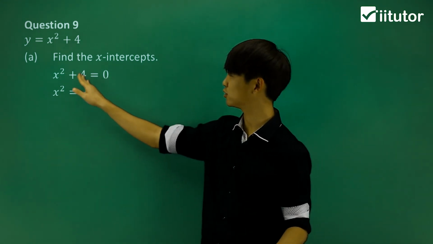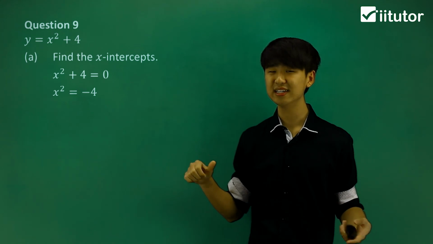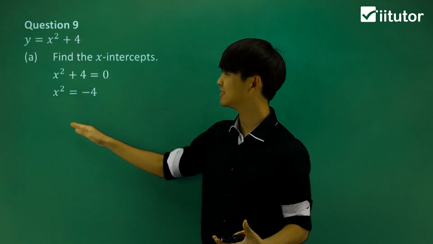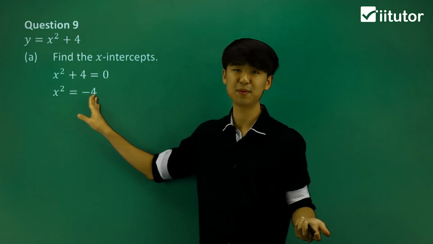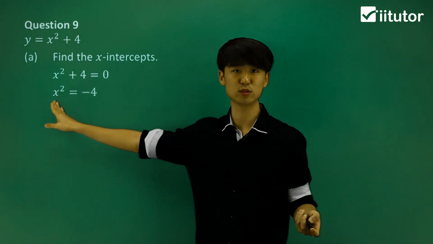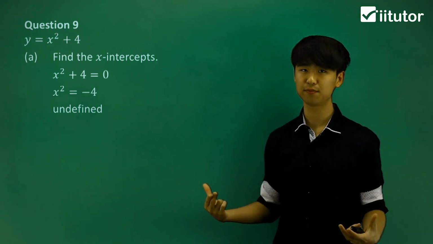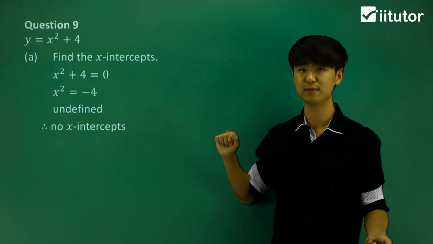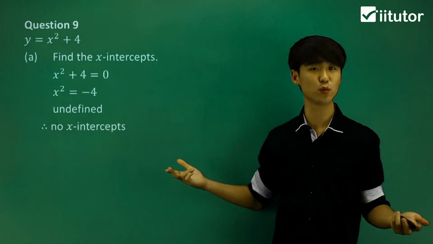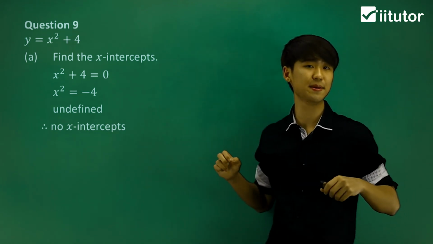We're going to move 4 to the other side, and we can see x squared is going to be a negative number. That means x squared can never be a negative number like this, because x squared is always positive. Then again, x is going to be undefined. Meaning, for question 9, this equation has no x-intercepts. So this is again a situation where it's just completely above the x-axis. It doesn't intercept the x-axis at all.